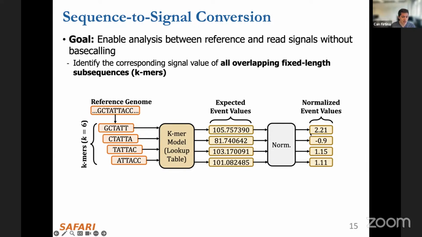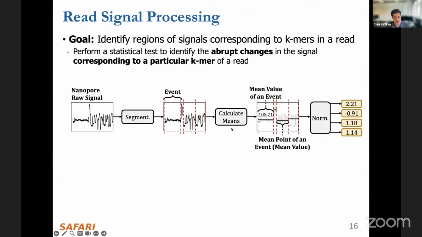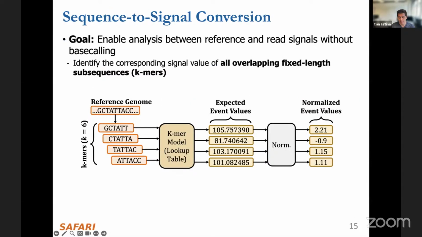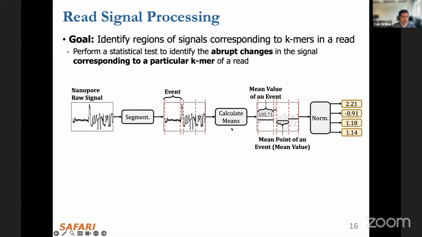This enables us, for the later steps when matching the raw signals to the expected event values of the reference genome, to handle the fact that we may be generating raw signals at different scales and different offset values, although the closeness of the signal values can be similar to each other, as we observe here when converting the sequences to the k-mers. So this was the step to convert the reference genome sequences to their expected signal values.